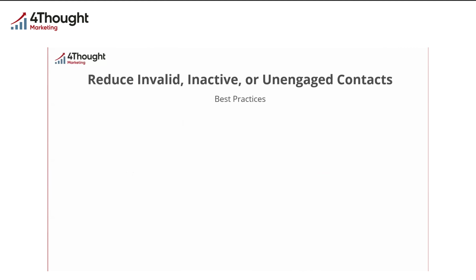All right. So what are some best practices for reducing basically bad email contacts? The first and probably the best way of reducing this is to validate the email during the form submit. It's always great to not let the bad person into the castle at the gate, so you want to make sure you're protecting yourself.